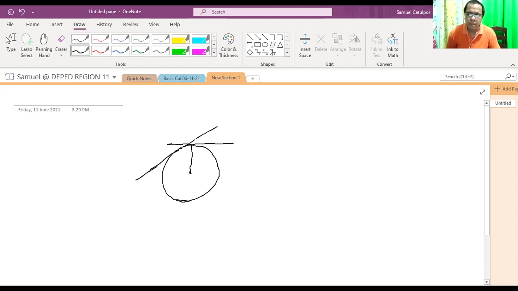And remember that every tangent line of a circle has a different slope.